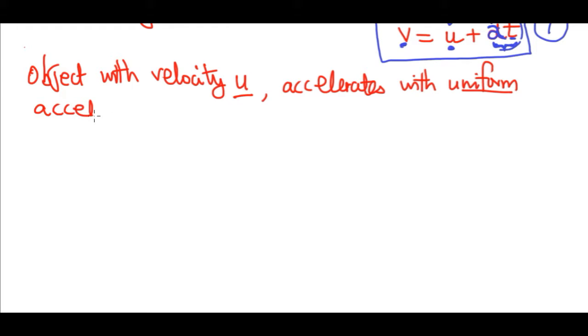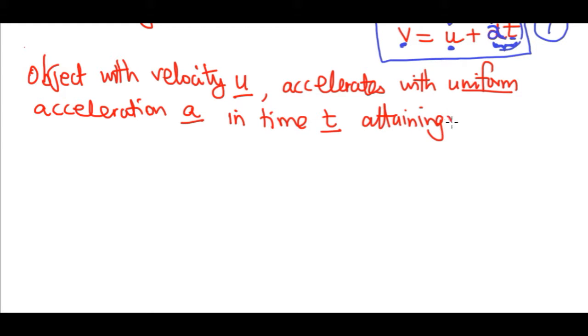Uniform acceleration. So an object with velocity u accelerates with uniform acceleration a in time t, attaining velocity v after acceleration.